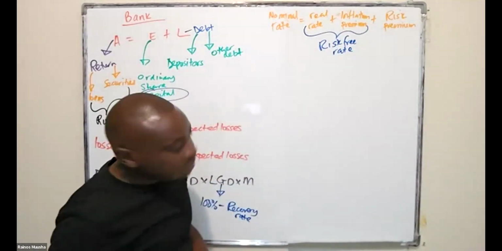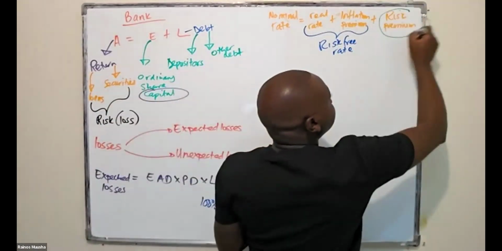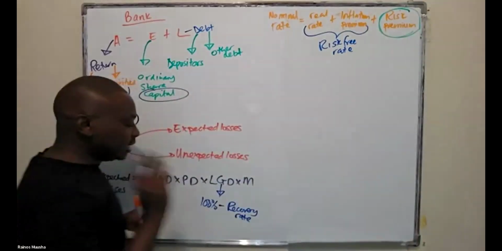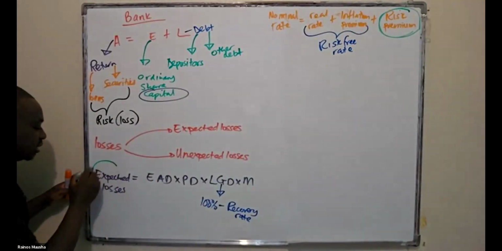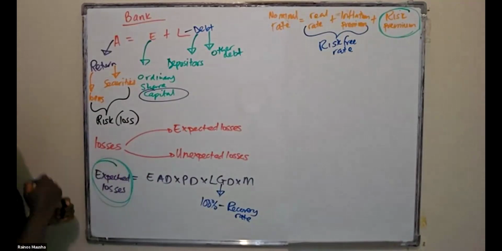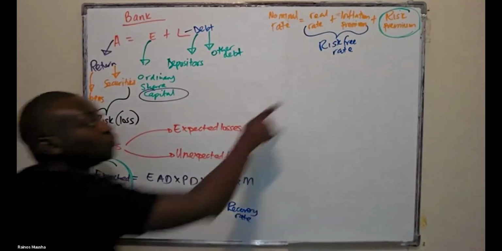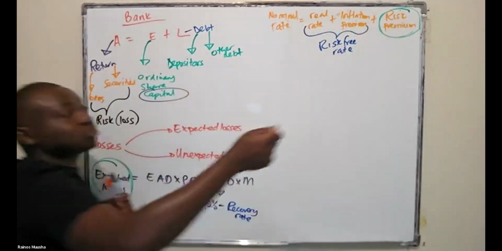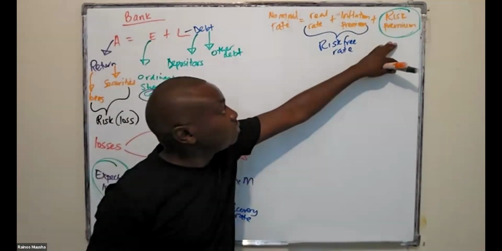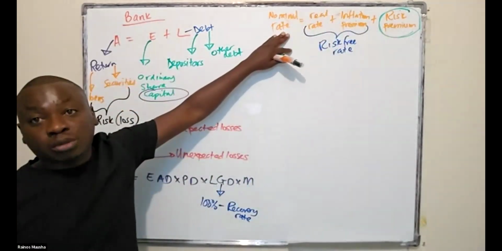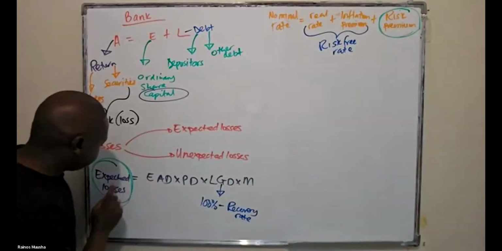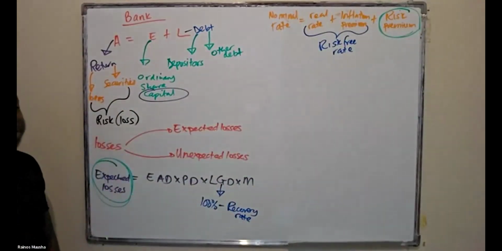In determining how much risk premium we're going to be charging, the risk premium is going to depend on how much expected loss we're expecting to cover. So depending on how much loss we are expecting to incur from this customer, this is how we determine how much extra rate we're going to be charging the customer.